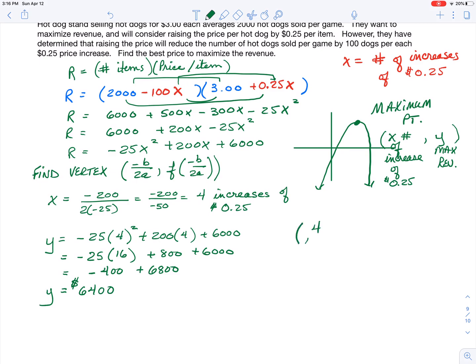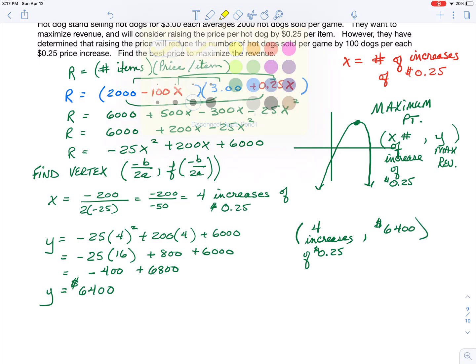If I make 4 increases of 25 cents, I will maximize the revenue at $6,400 per game. But one of the questions is, what price is this? 4 increases of 25 cents.